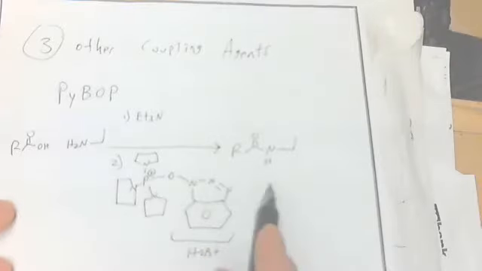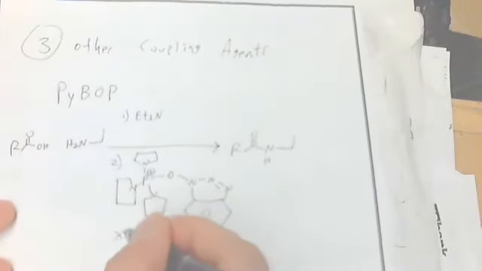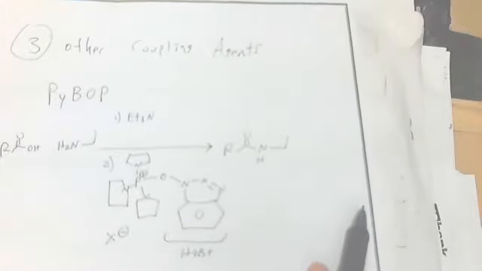Nitrogen, nitrogen, nitrogen, HOBT. The big difference is it's not based on carbon and like making ureas. It has this thing with a positive charge on phosphorus and an X minus group, another X minus that balances the salt.